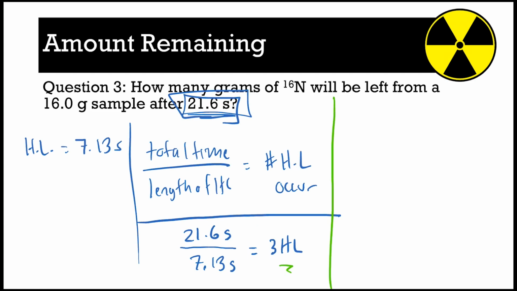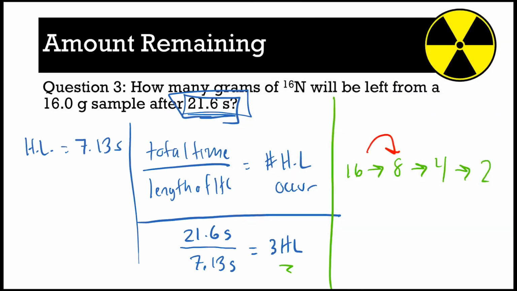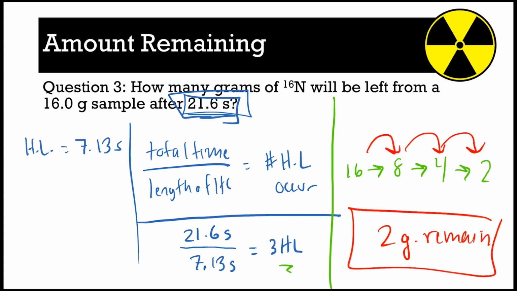So, if we're starting at 16 grams, after 1 half-life, we have 8 grams left. After 2 half-lives, we have half of 8, which is 4. And after 3 half-lives, we have 2. So here you see 1 half-life, 2 half-lives, 3 half-lives, and 2 grams remain. That's how that question works.